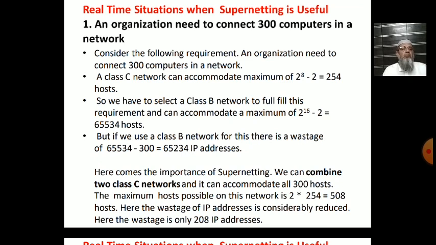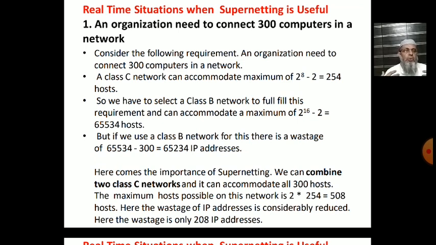So here we will combine 2 Class C networks, each containing 254 hosts, which means 508 IP addresses will be there. So we are wasting only 208 IP addresses, but in the case of Class B, we were wasting 65,234 IP addresses.